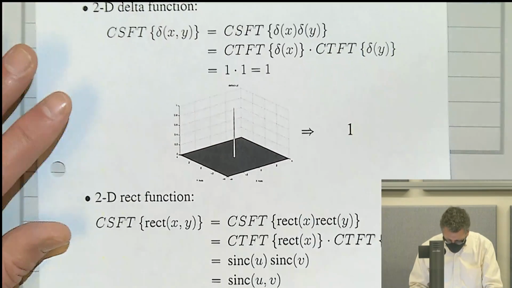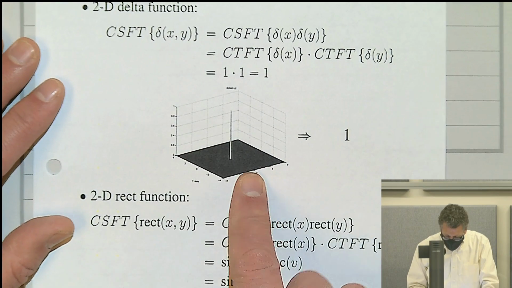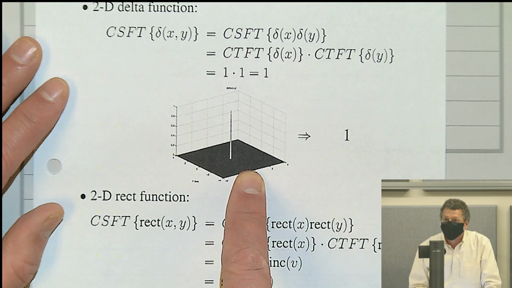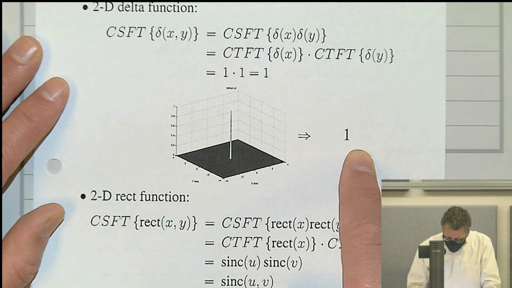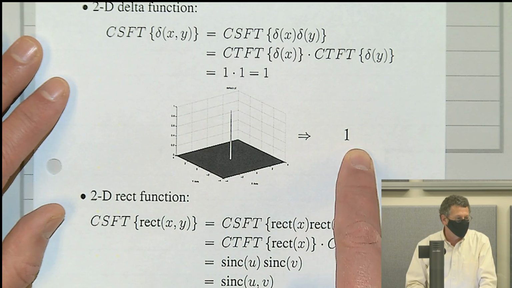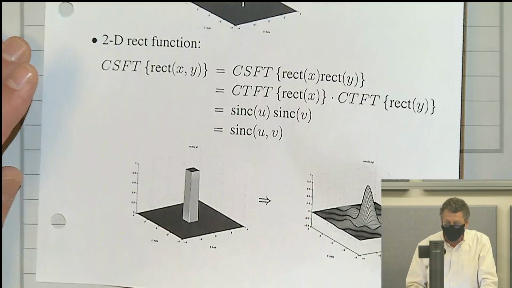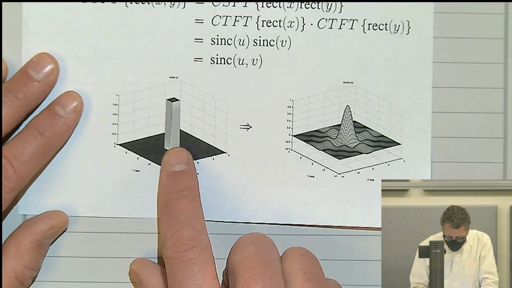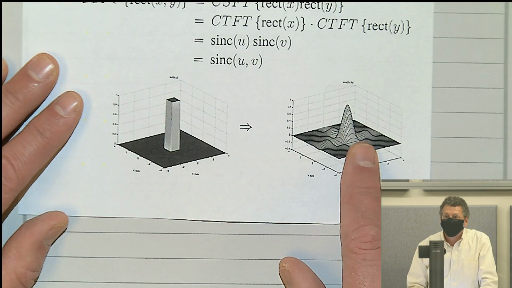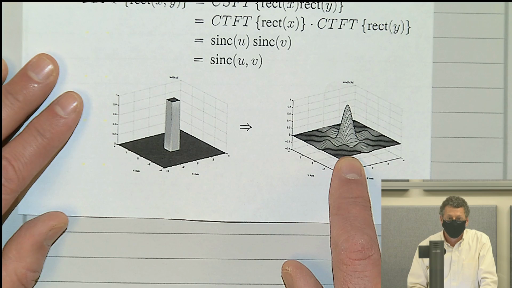So here are some Fourier transform relationships. If you have a delta in 2D, then its Fourier transform is 1. I just wrote 1 because it's hard to plot the function 1. If you have a 2D rect, its Fourier transform is a 2D sinc.